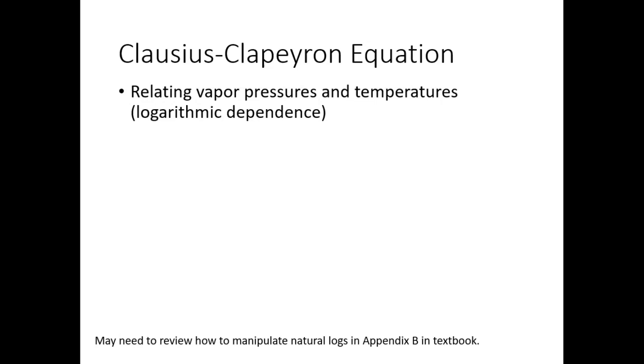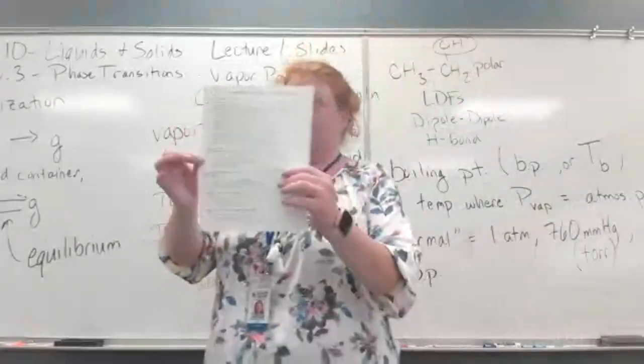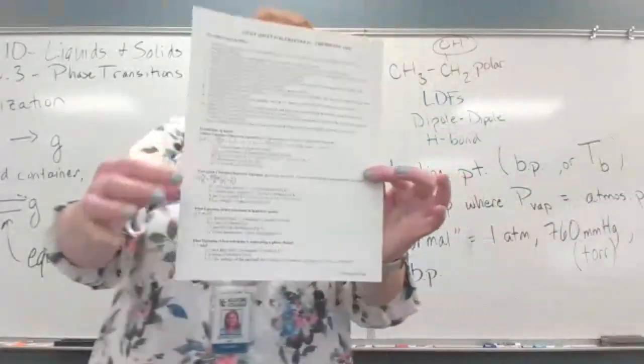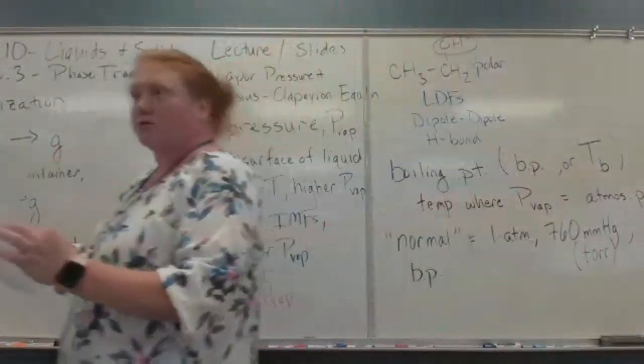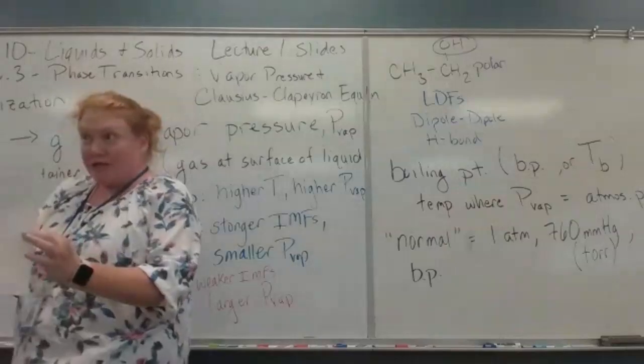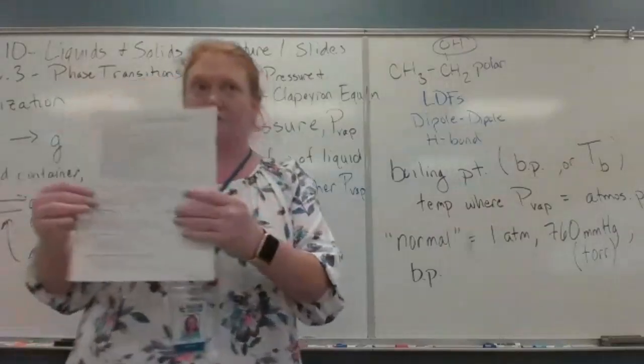Okay, let's write down this equation. Clausius-Clapeyron. Now, guys, these are the versions of this equation that we're actually going to be using. I've already given them to you on your chapter 10 study sheet. There's two versions of this equation that you're going to use the most, so they're already written there for you and you can copy them into your notes.